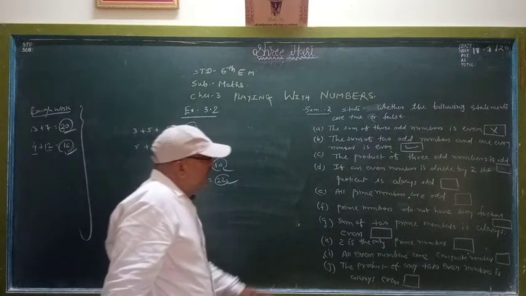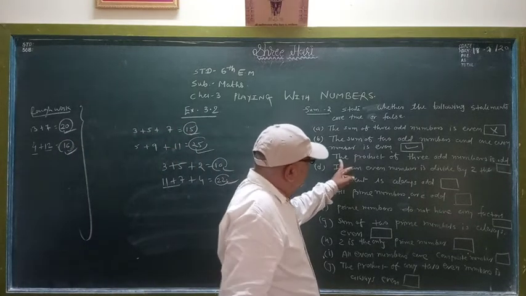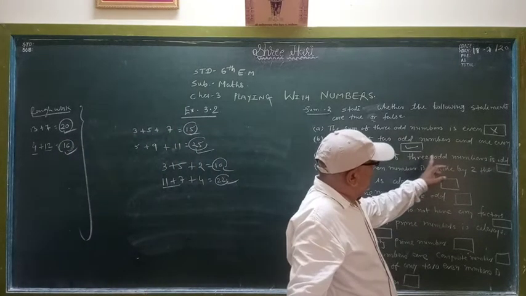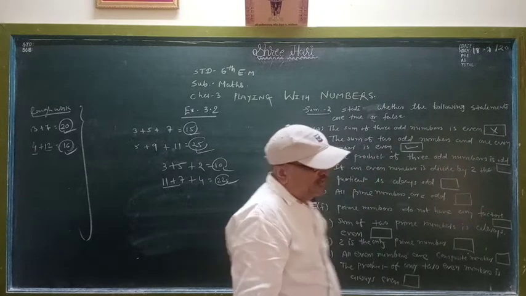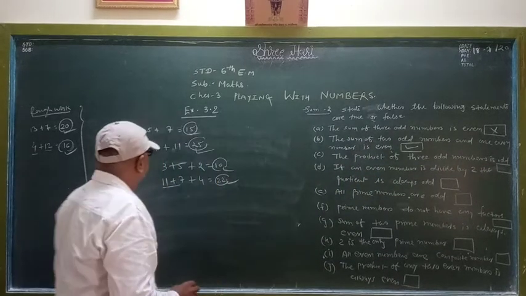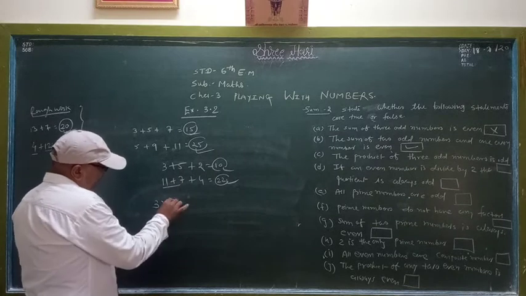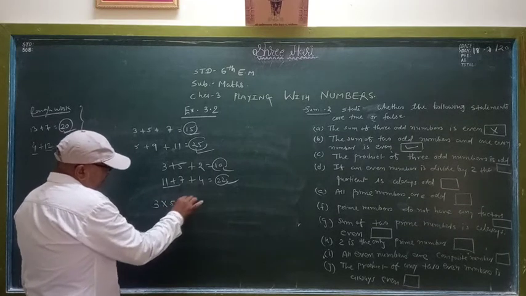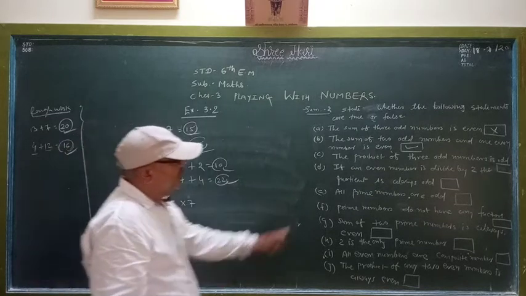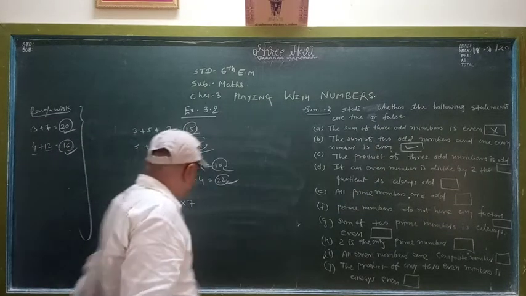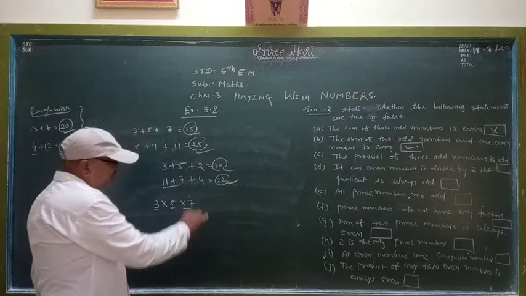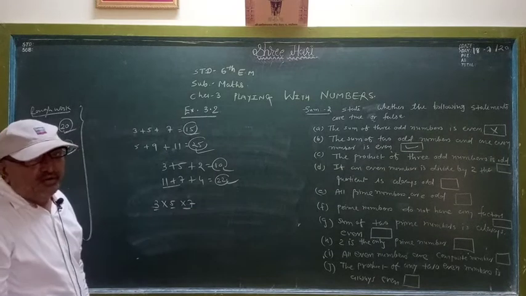So you can read here the product of three odd numbers is odd. Let us check. 3 is an odd number, 5 is an odd number, and 7 is an odd number.